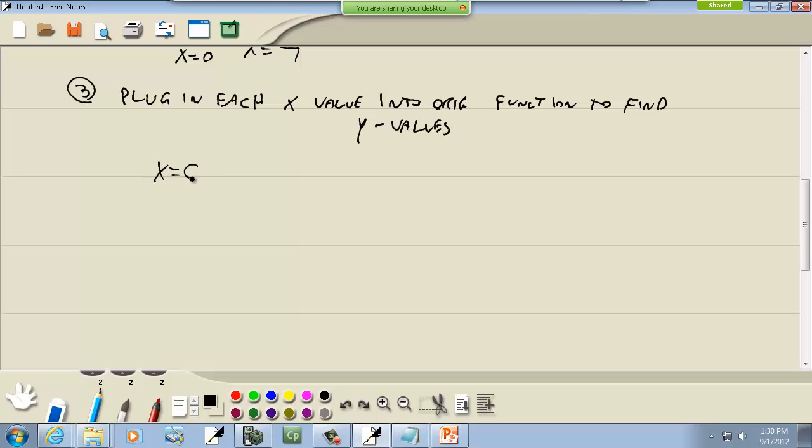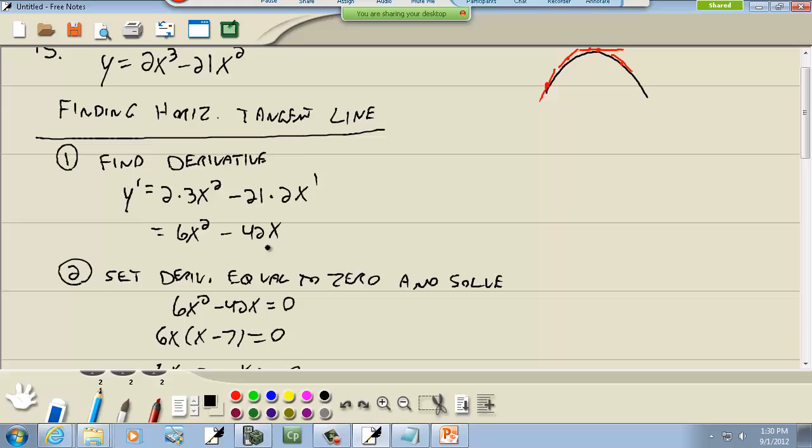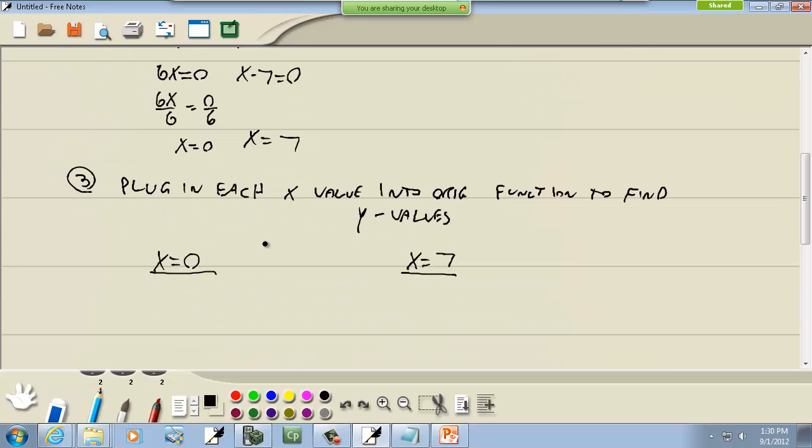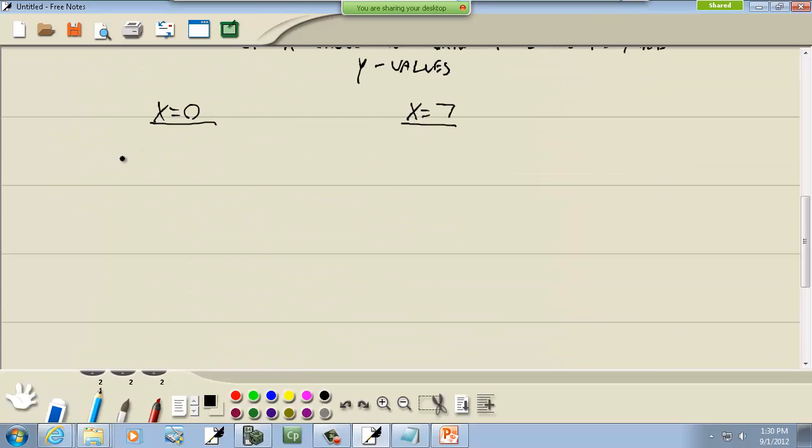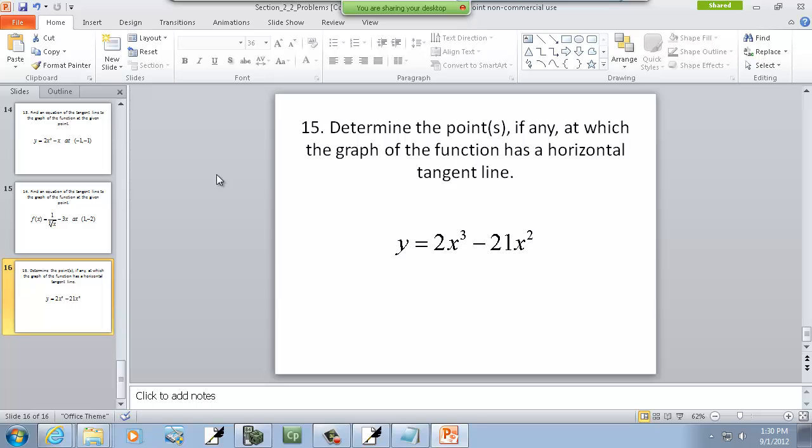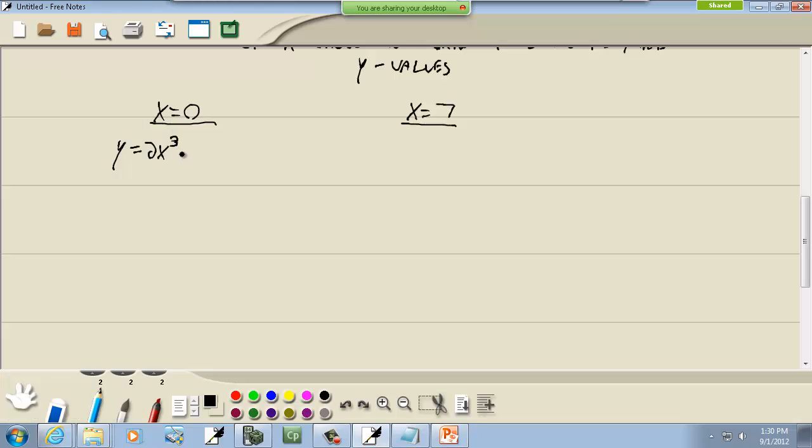Okay, so we got x is equal to 0 and we got x is equal to 7. Have no clue what our original function was. Let me go up here and look. Actually, I guess I can go to the PowerPoint here. 2x to the third minus 21x squared. So again, we're going to plug each one of those x values into our original function and find out what the y value is going to be.